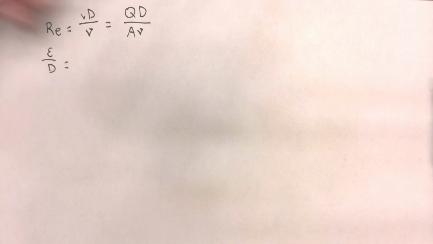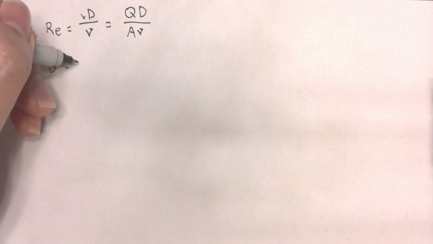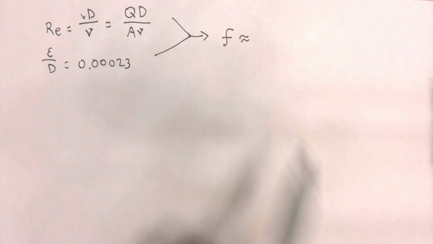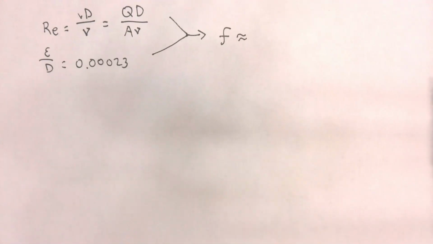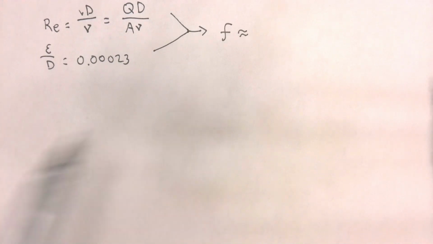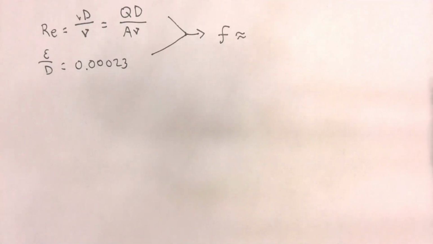And now that you have a flow rate, you can find the Reynolds number. You do that by multiplying velocity times diameter over kinematic viscosity, but velocity is just flow rate over area. So you want to find your Reynolds number. You want to find your relative roughness again, which we already got. It was 0.00023. And using that, you can then use the Moody diagram to find an approximate value of f. We're not going to do that for this problem, but typically that's what you would have done in order to know if your fully turbulent approximation was correct or not.